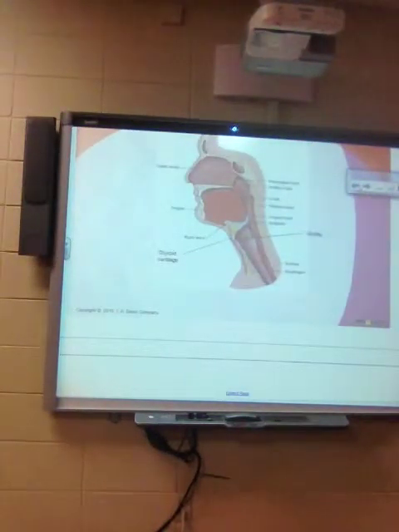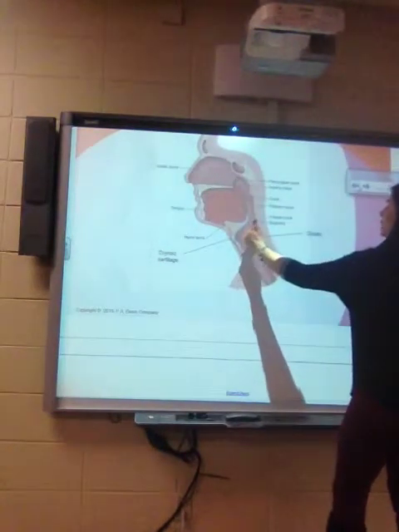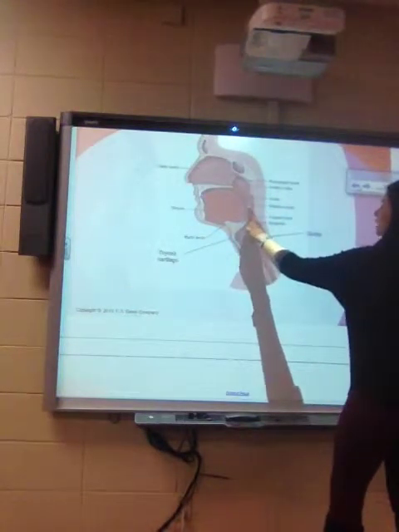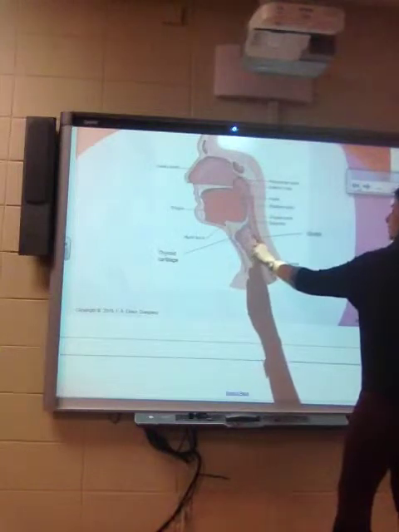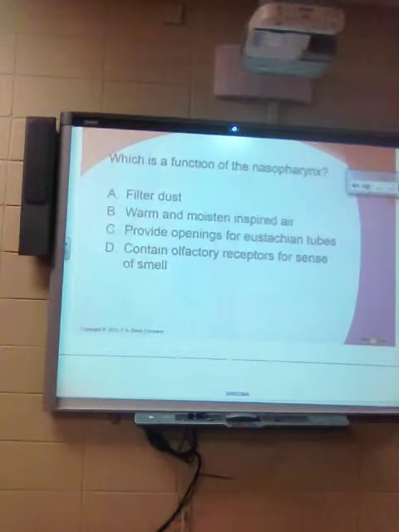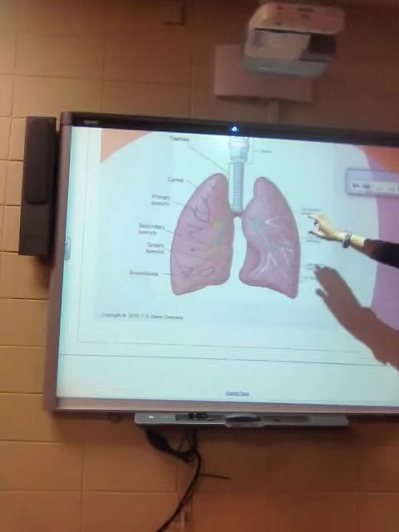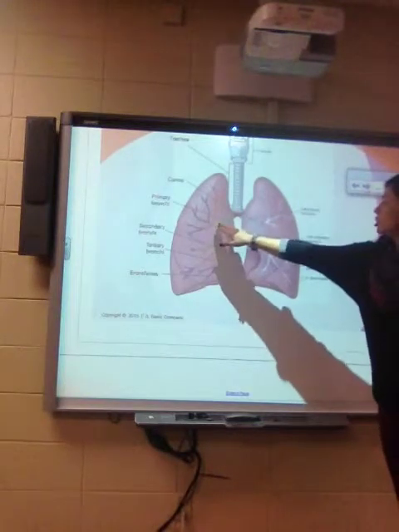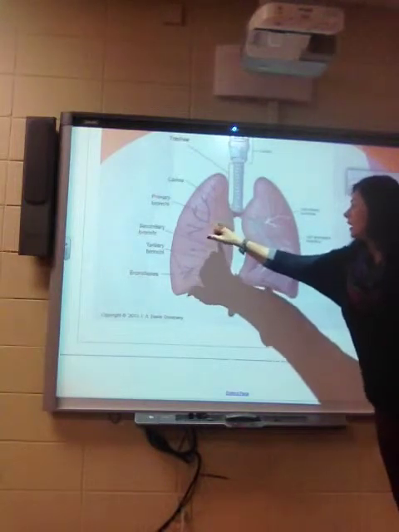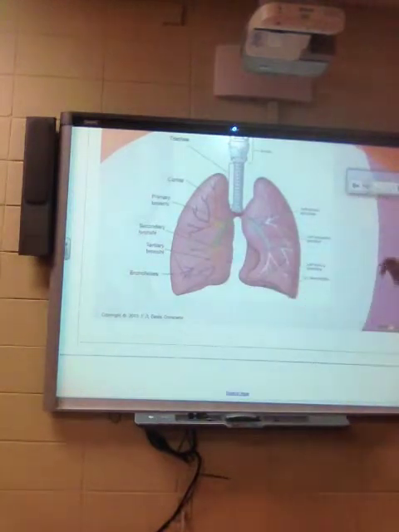So when you take a breath in, it's going to move through the nasal cavity, through the pharynx, which is broken up into a nasal pharynx, oral pharynx, and then laryngeal pharynx. Air will then pass through the trachea, through that glottis opening, and branch off into your primary bronchi, secondary bronchi, tertiary bronchi, bronchioles.